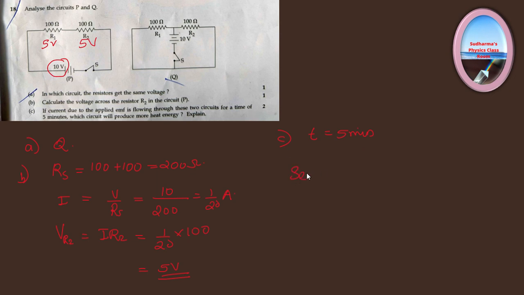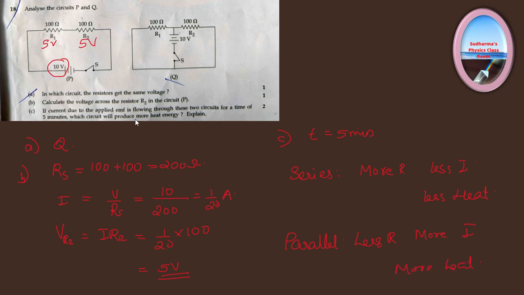So in a series connection, more resistance, so less current. We know H equals I squared R t, so the more proportionality is for current, because the square relation is there. So less current, less heat. In a parallel connection, what happens? Less resistance, more current, so more heat.